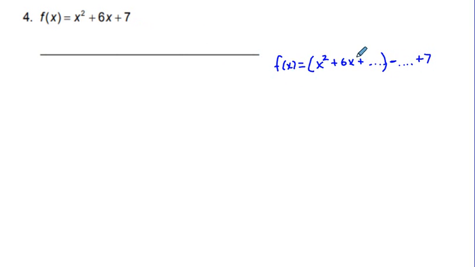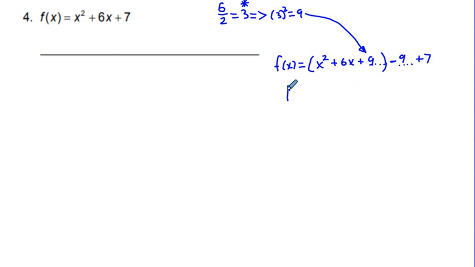Now determining what goes inside to complete the square, we take the coefficient of the middle term, 6, divide that by 2, get 3, and I'm going to asterisk that 3 again. And continuing to the right, we take this 3 squared and get 9, which is the number that is going to go right here. So plus 9, and then we have to subtract 9 on the outside to compensate for having added 9 inside the parentheses.